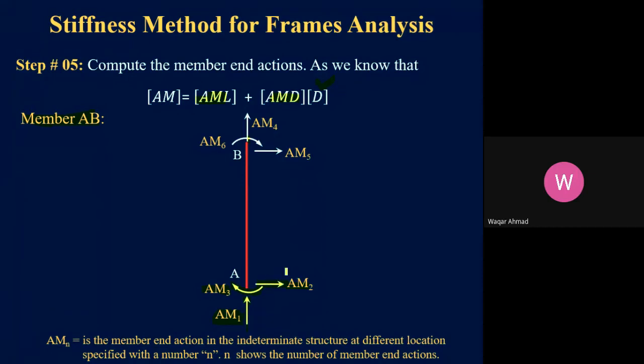Similarly, your AML2 will be a shear force, as our AM2 is a shear force. And AML3 will be a bending moment, because our AM3 is a bending moment. Now let's see them. It's just a repetition.